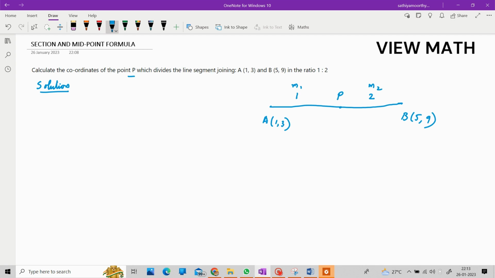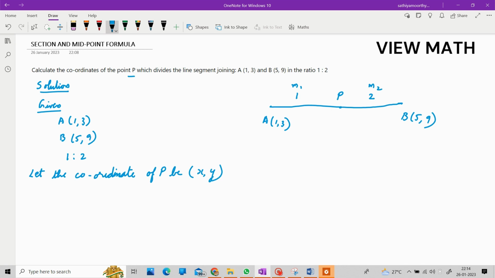So they are asking us to find the point P. Let me write what is given. A coordinate (1,3) is given, B coordinate (5,9) is given, and the ratio in which it is divided is 1:2. Now we have to find the point P. So let the coordinate of P be (x, y).